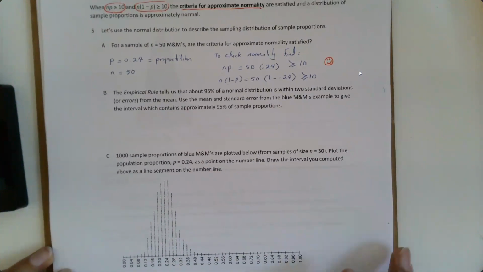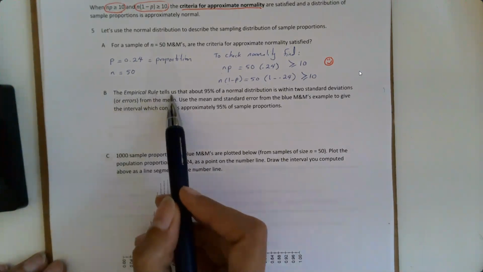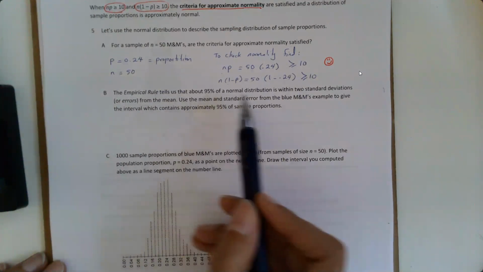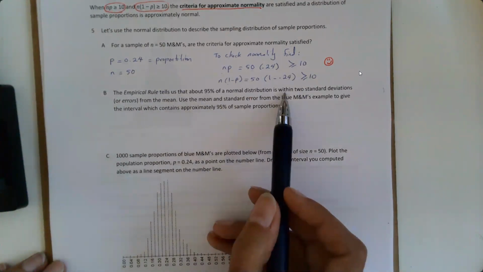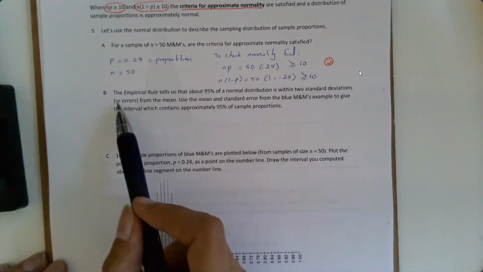Part B says, okay, the empirical rule tells us that about 95% of a normal distribution is within 2 standard deviations or 2 standard errors from the mean.